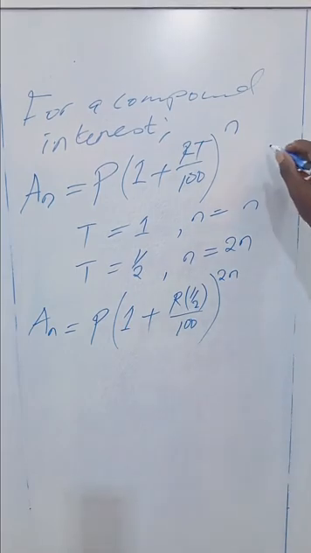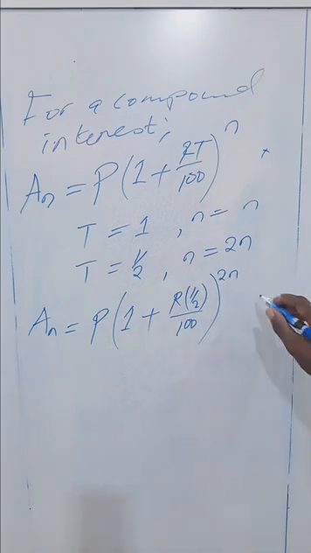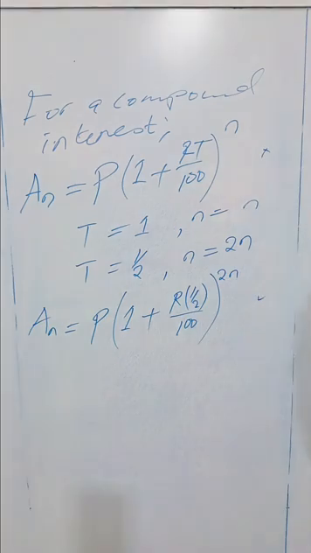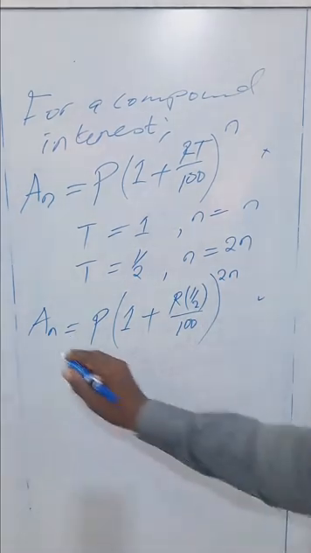So we're not going to use this, but we are going to use this. Okay, so let's substitute the values now. We have all the values. Now we're supposed to find the number of years, because the question says in how many years. We're supposed to find the value of n.